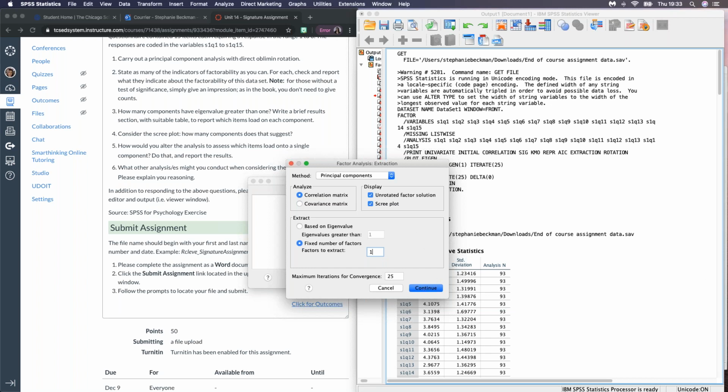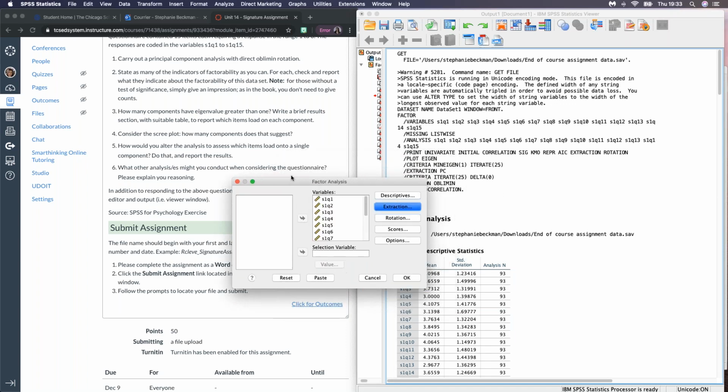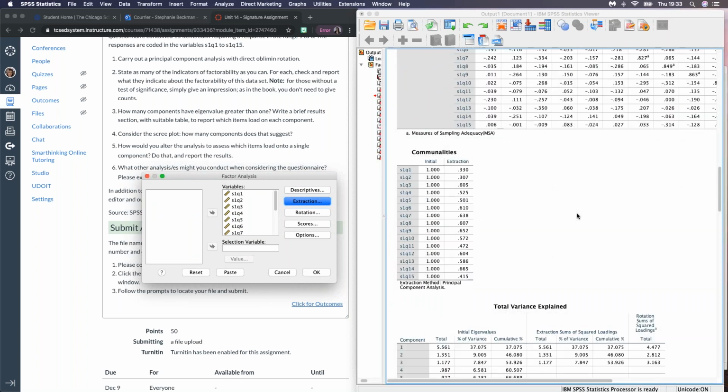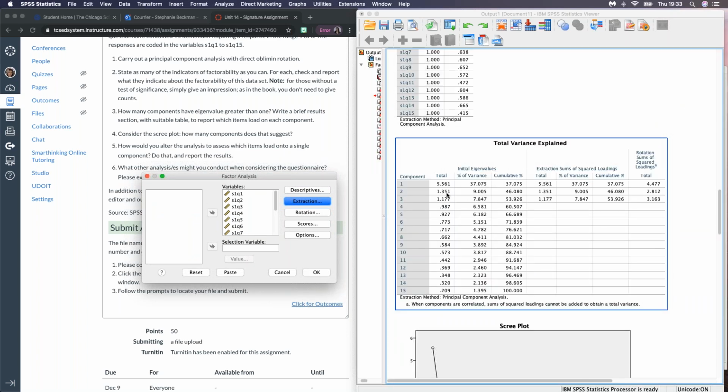So let's see, which variables would load with the 3 eigenvalues above 1, please? The components right here are the ones that are above.